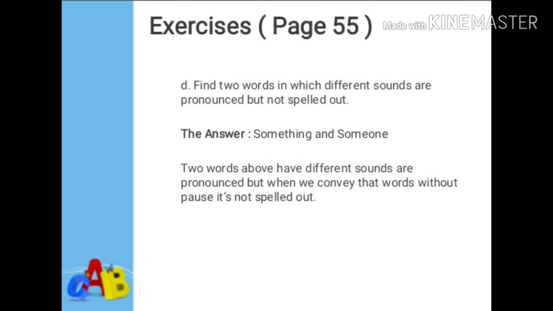The answer is someone and something. Why? Because the two words someone and something have different sounds pronounced, but when we convey that word without pause, it is not spelled out.